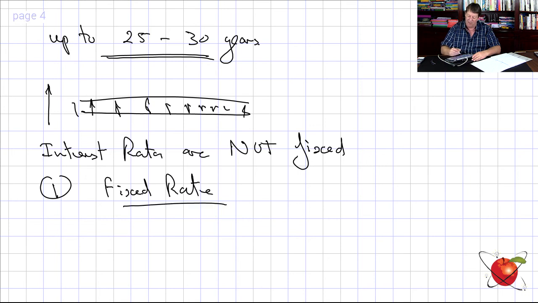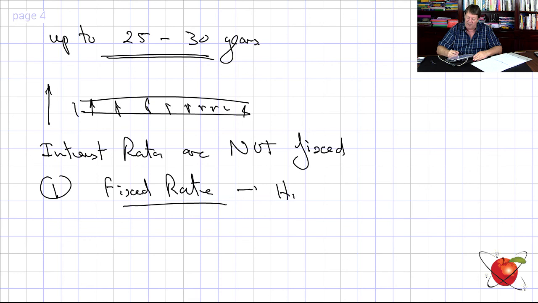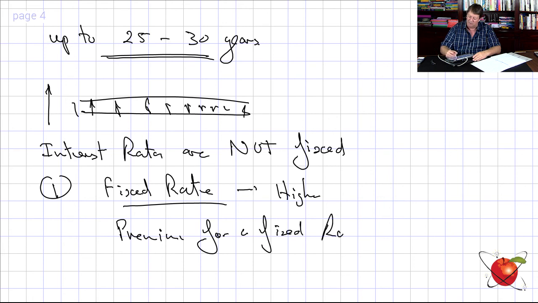Where would you use that? Well, if you're buying a car, for example, you might say, you know what, I've budgeted to pay so much every month, therefore I will fix my rate. The bank will fix the rate, but it will be higher because they'll say, we're not sure, rates might go down, but we'll fix it slightly higher. So you actually pay a premium for a fixed rate.